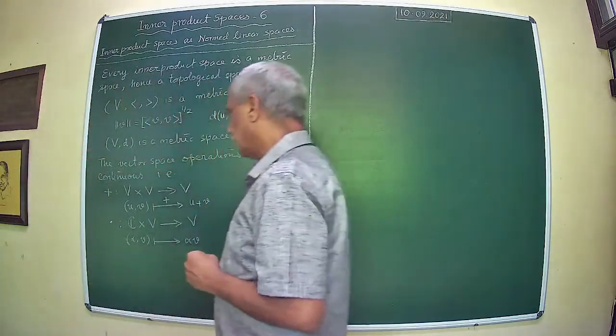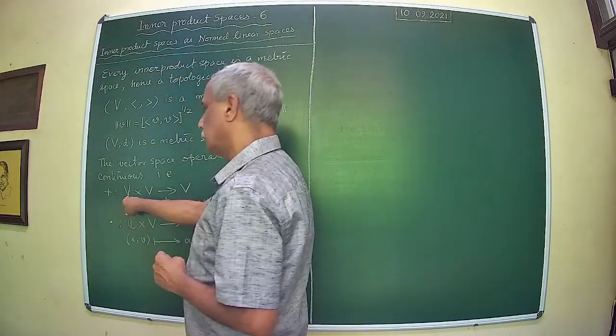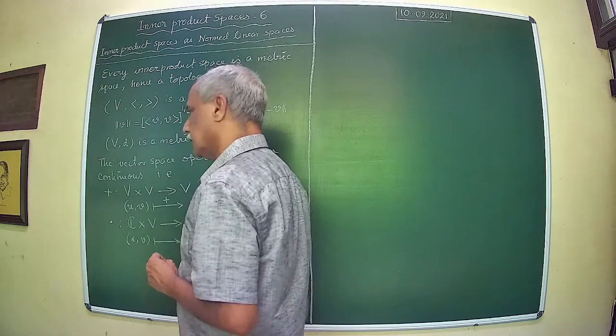From where to where? V is a metric space, therefore V cross V is a metric space.